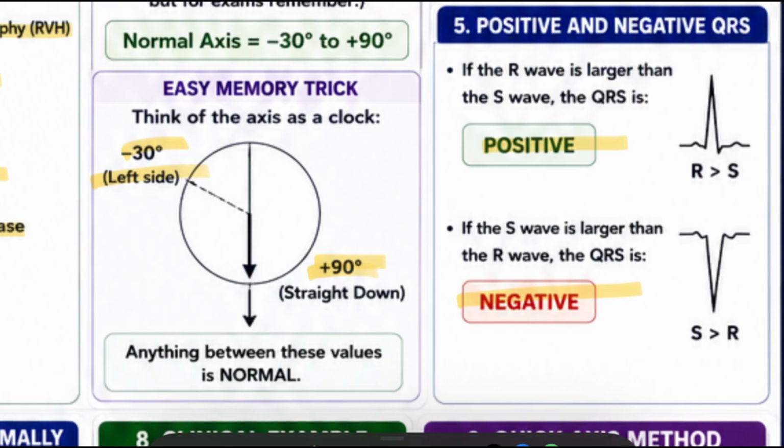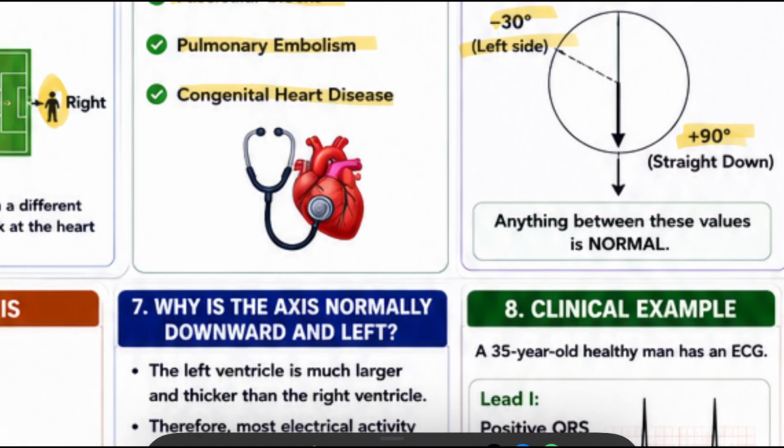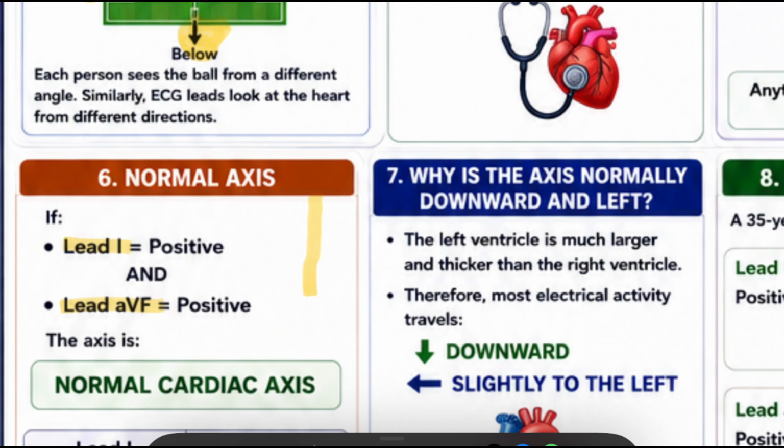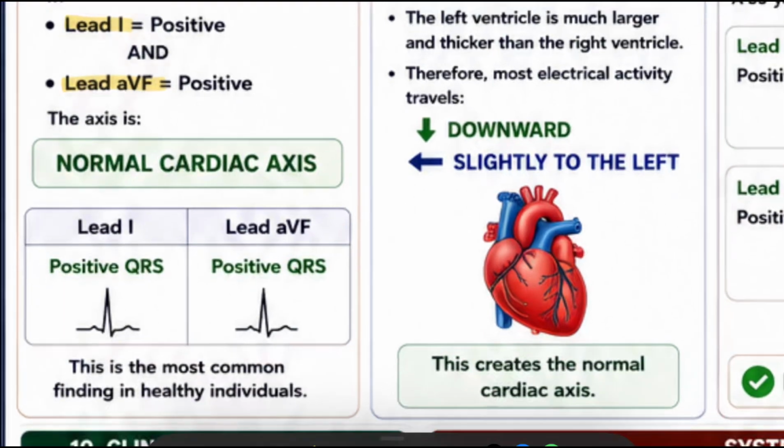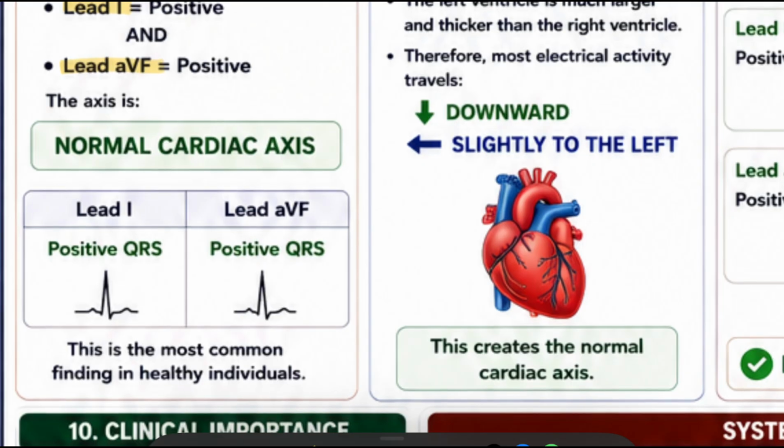Okay, so we have to always compare R and S. So in normal axis we can easily diagnose with lead 1 and lead AVF. So the axis is normal cardiac axis. This is the most common finding in healthy individuals. So we have a simple memory trick. Lead 1 will be positive and lead AVF will be positive, which means normal axis. So always remember positive means perfectly normal.